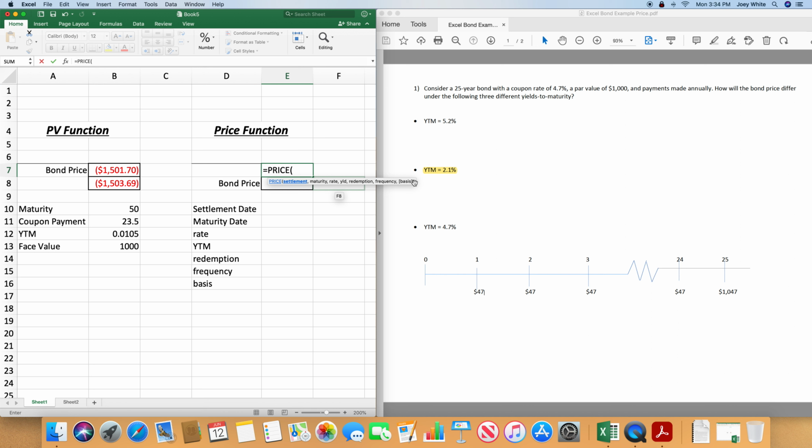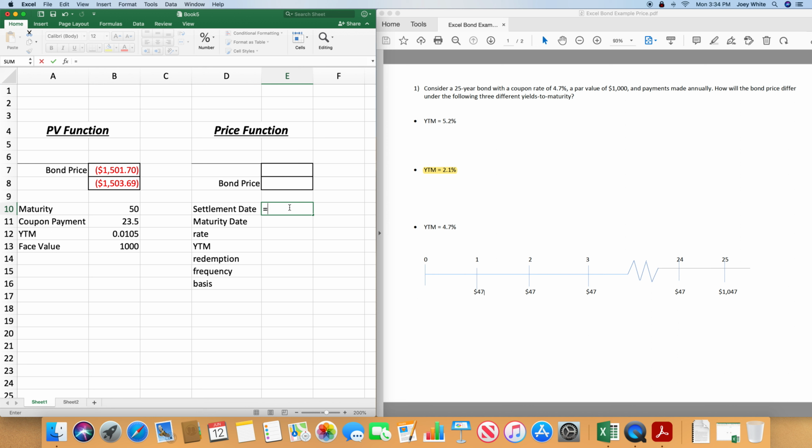All right, so when we put these dates in, we have to use the date function. So I'm going to do it using these input cells down here. For the settlement date, as long as the difference between the settlement date and the maturity date is 25 years, it doesn't matter what date we choose.